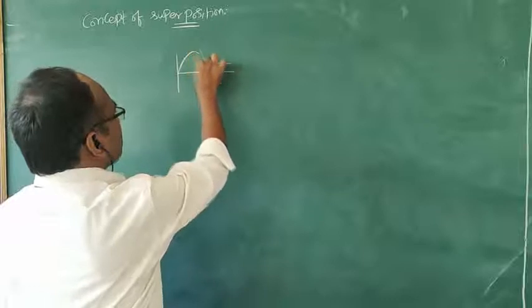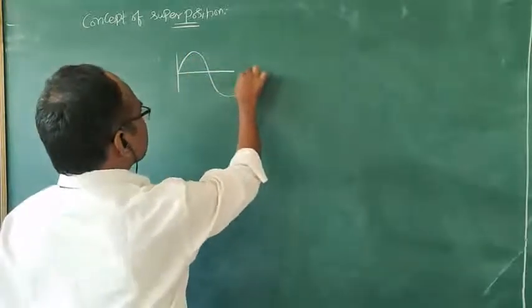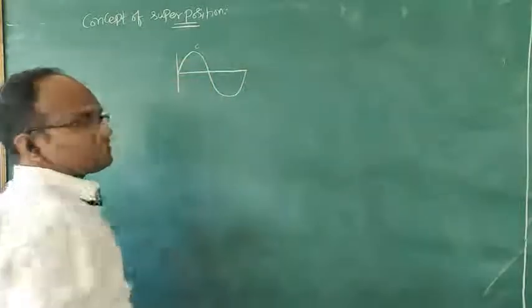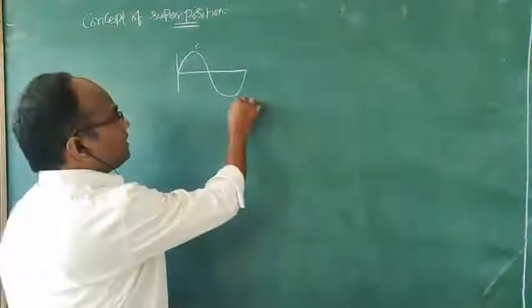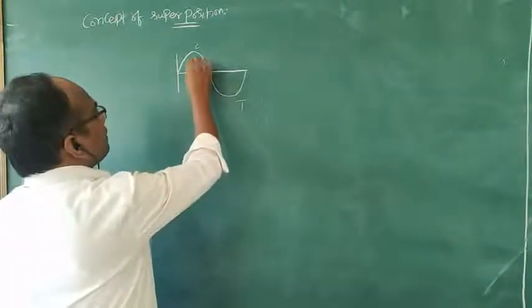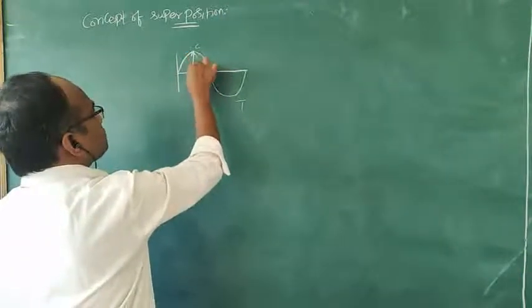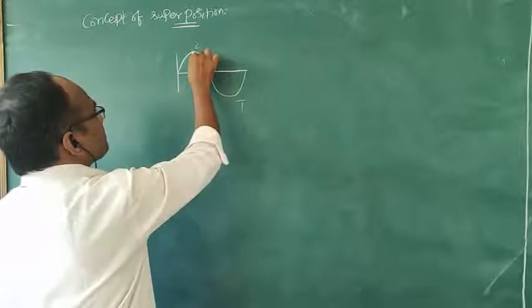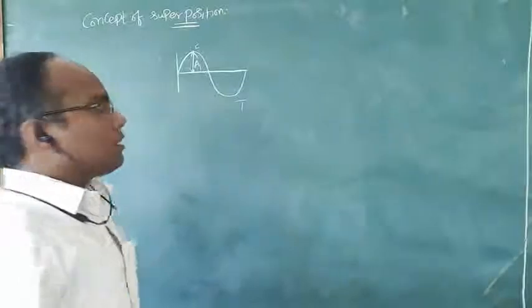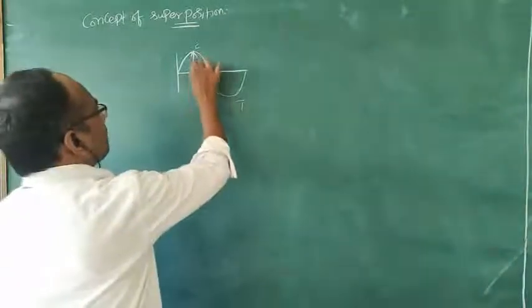So here I am taking the wave like this. This is the crest. This is the trough. Okay. So what I am doing is, this is nothing but the amplitude named as A1, or we can assume it as Y1, anything.